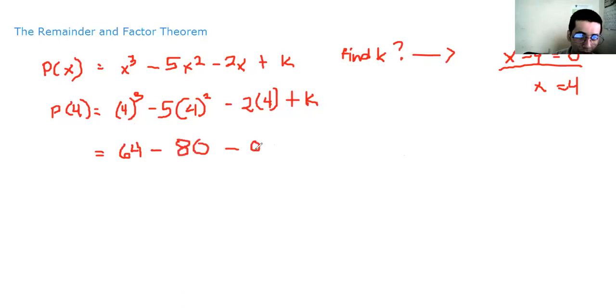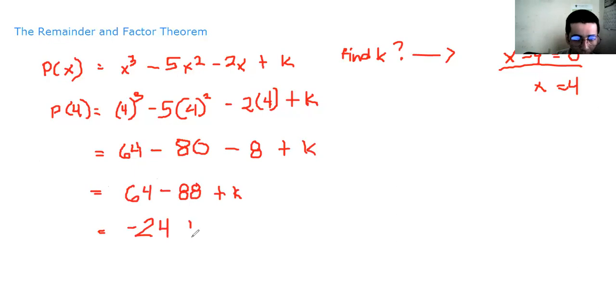Then, minus 8, minus 2 times 4 na to, minus 8, plus k. Then, pagsamahin natin, 64 minus 88, plus k. Then, 64 minus 88, that is negative 24, plus k.